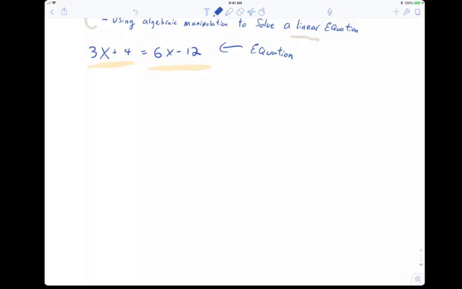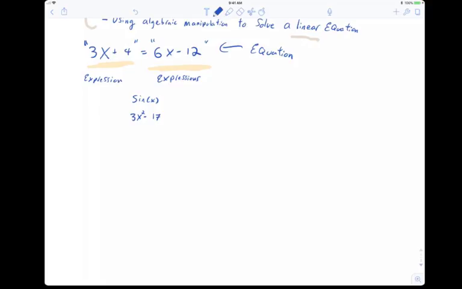Okay, so these parts of it, the left-hand side and the right-hand side, these are both called expressions. Okay? So an equation isn't just an expression. So for instance, sine of x or 3x minus 17, these aren't equations, they're expressions.